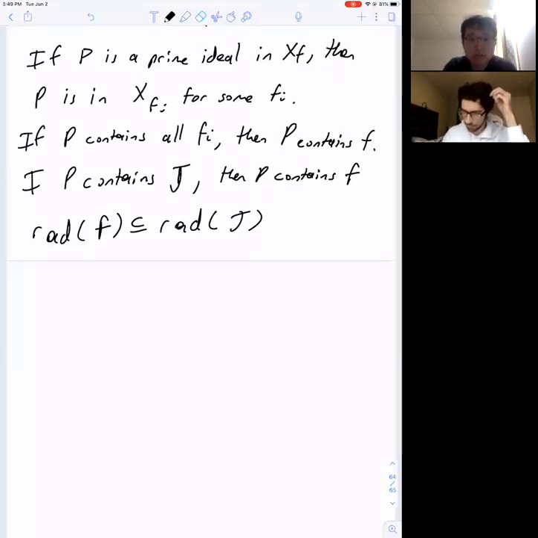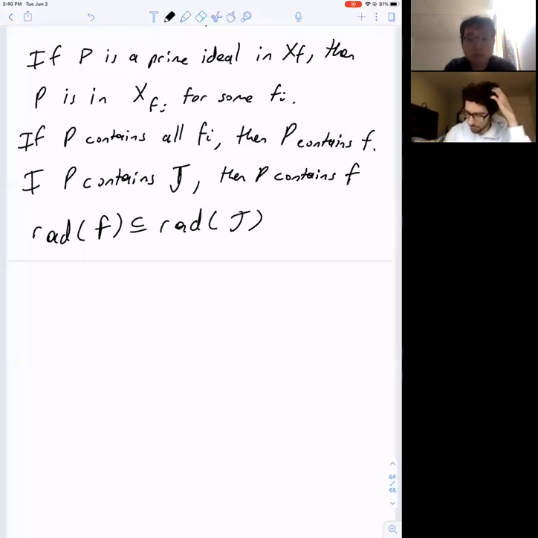This is hard to understand where to start, but if you relate these prime ideals, these open sets, with the radical of an ideal, then it makes more sense because we have more things that we can do with radical ideals.